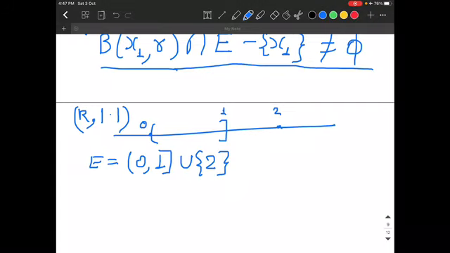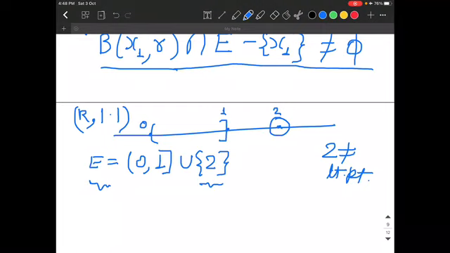No, because we can take a ball around it and it doesn't intersect E at any point other than point 2 itself. So 2 is not a limit point. So is point 1 a limit point?